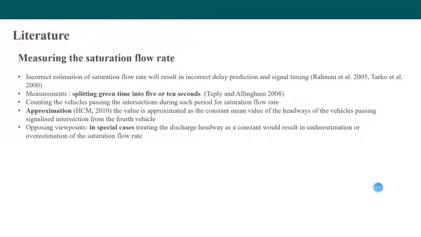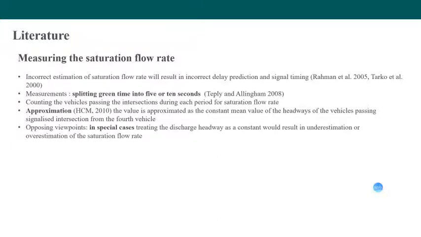In the Highway Capacity Manual in the USA, the saturation flow is calculated from a constant mean value of the time headway of the vehicles passing the signalized intersection from the fourth vehicle.